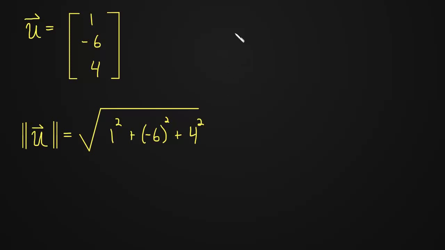If you want, we can do another example. How about w equal to -3, 0, 9?